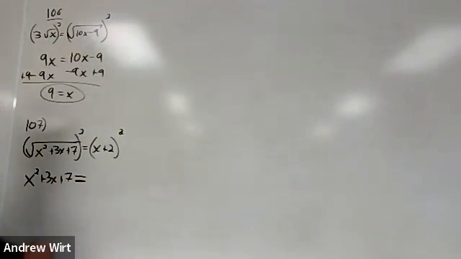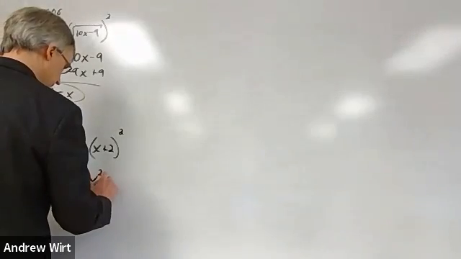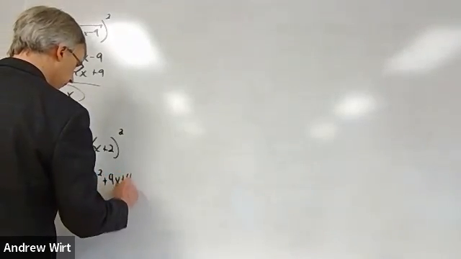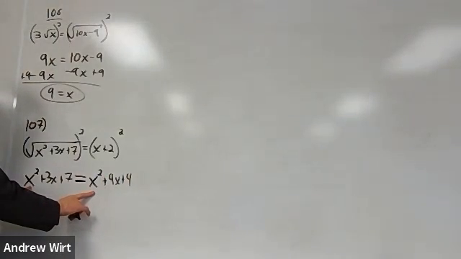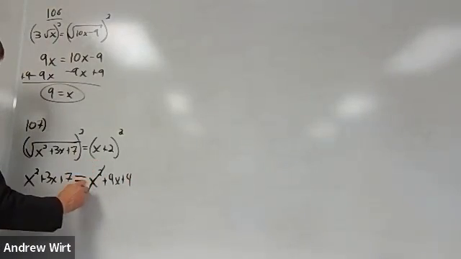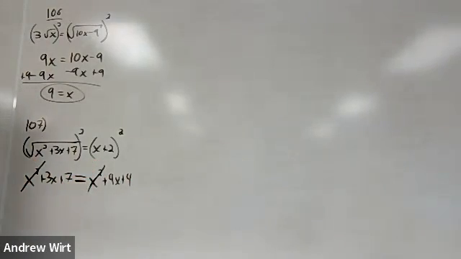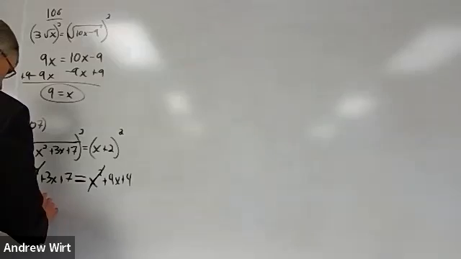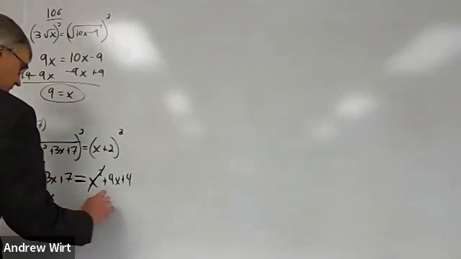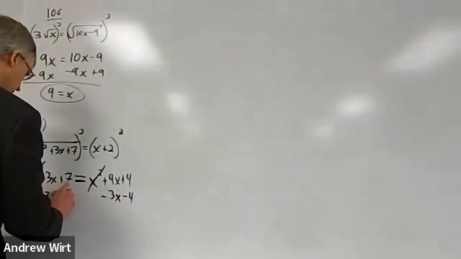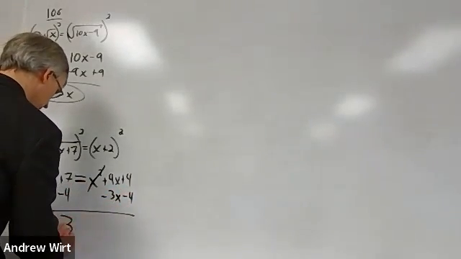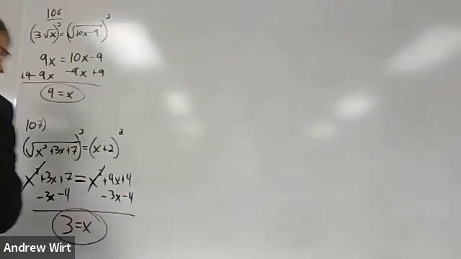On the right, FOIL that to get x squared plus 4x plus 4. So we'll solve this now. We've got x squareds on both sides of the equation. We'll subtract x squared from both sides. Those go away. Now subtract 3x, that gets the x over here. Subtract 4 over here. And we get 3 equals x.